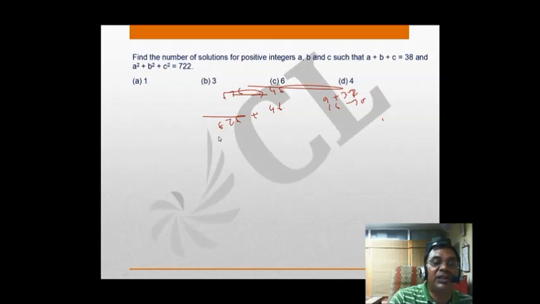Next is 625 plus 97. 196, not possible. 9 and 88, not possible. 16 and 81, possible.